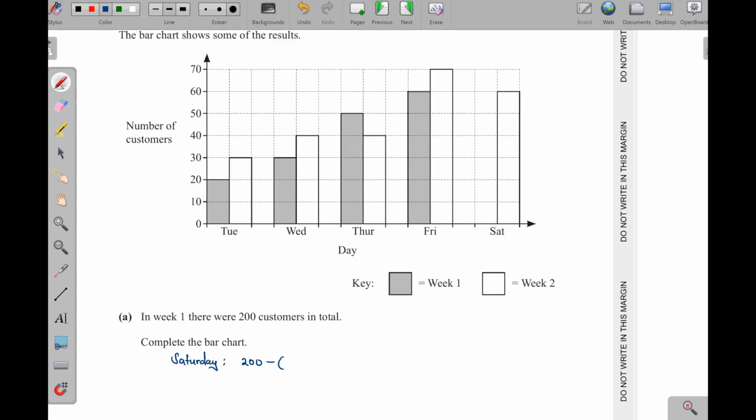Then minus, on Tuesday this is 20, on Wednesday this is 30, on Thursday this is 50, on Friday this is 60. Then this one will give us the one that is remaining here. This is 50 plus 50, that is 100, 160. So 200 minus 160, don't we get 40? Yes, so we get 40 here.